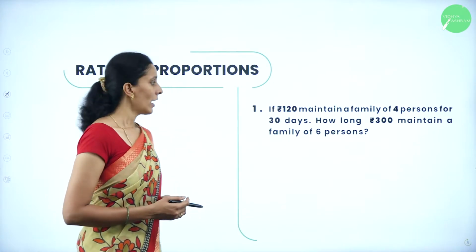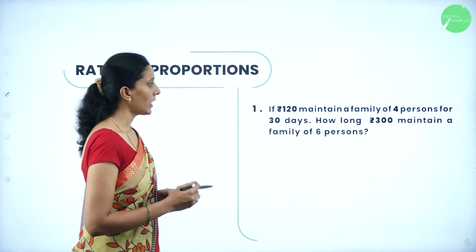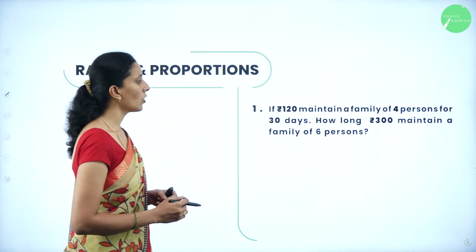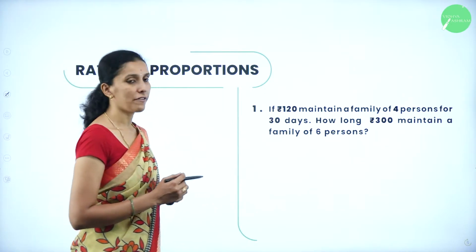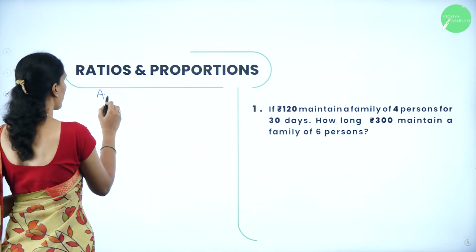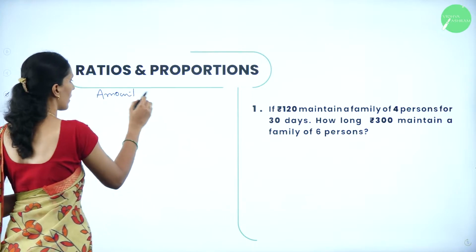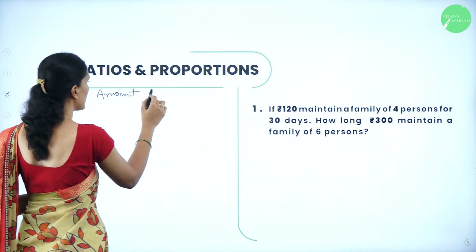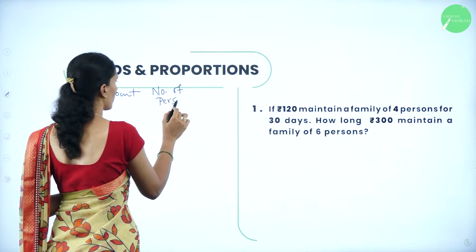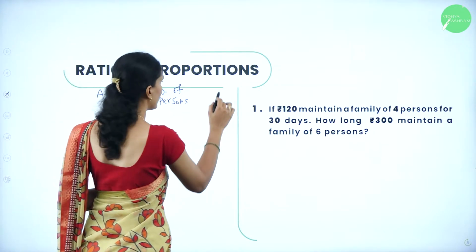First one. If rupees 120 maintain a family of 4 persons for 30 days, how long will rupees 300 maintain a family of 6 persons? So first let me write amount, number of persons and days.